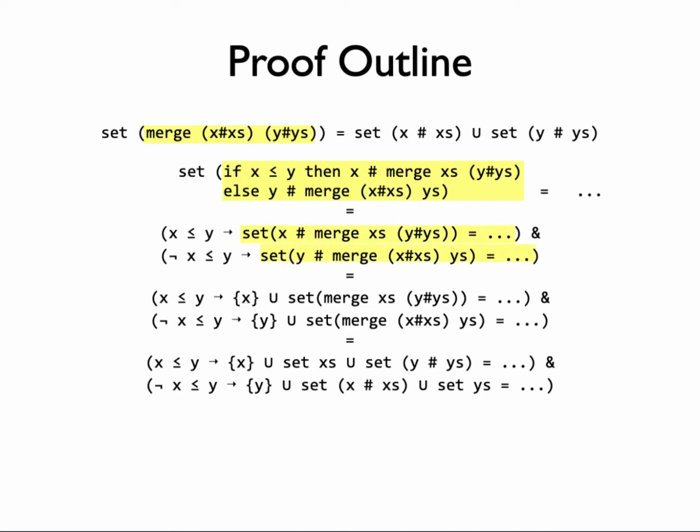And now what happens here? Now we have our two induction hypotheses. So the first highlighted bit there, the first one is under the assumption x less than or equal to y. And we have an induction hypothesis for that case. Likewise, the other one is for the negation, and we can use the induction hypothesis for that case as well.